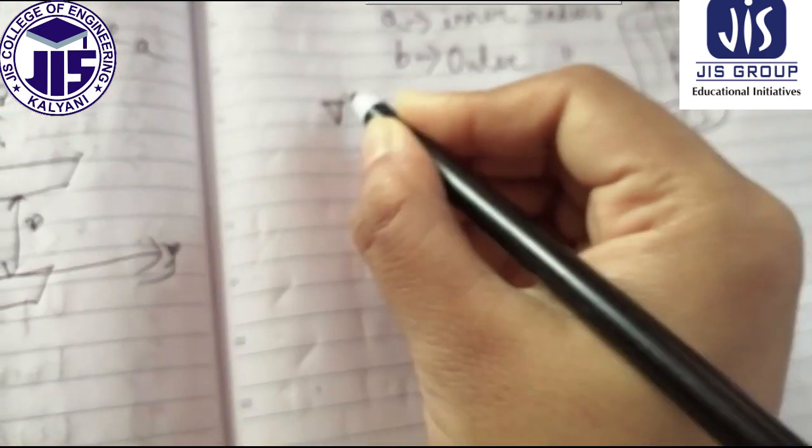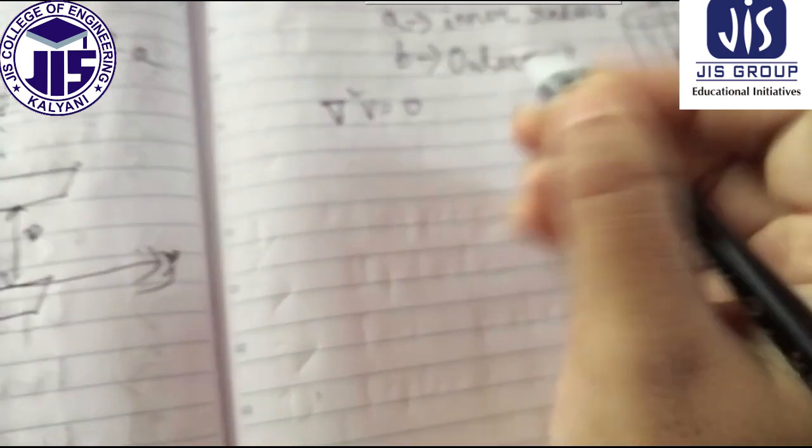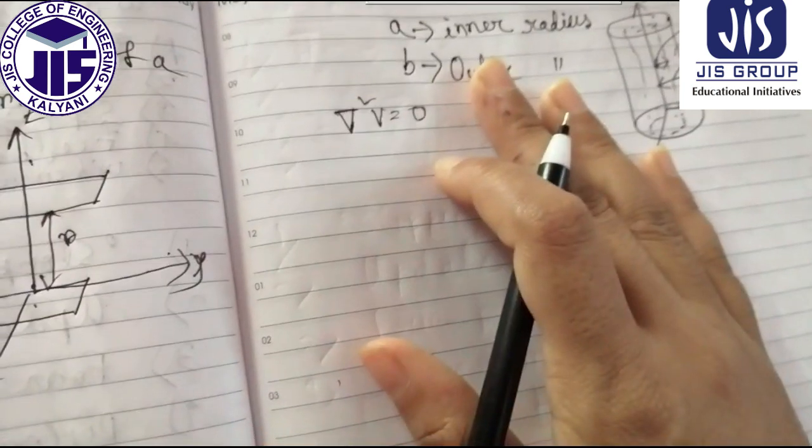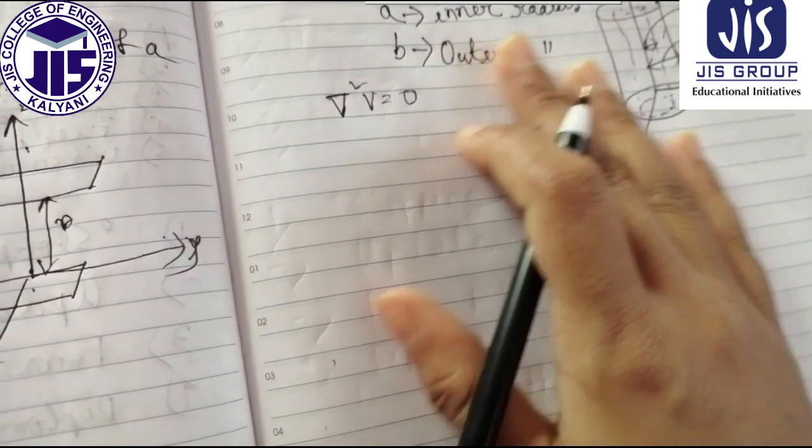As we know, Laplace ∇²V equal to 0. This is the general form of the Laplace equation in cylindrical coordinate.